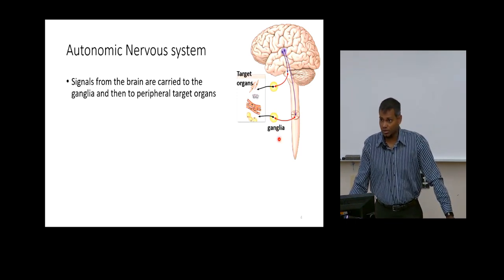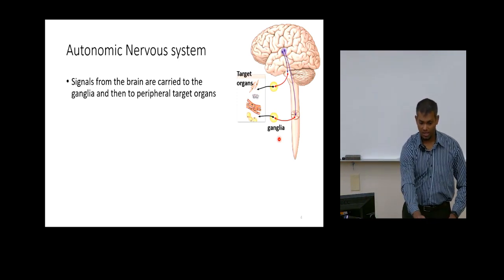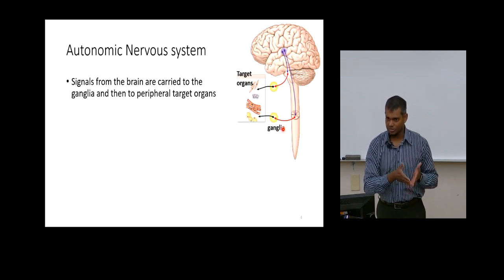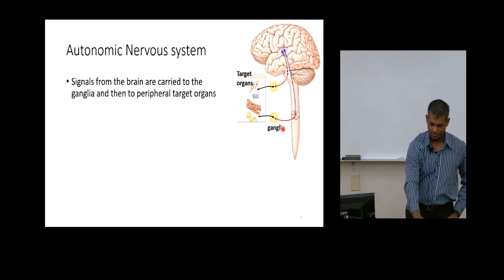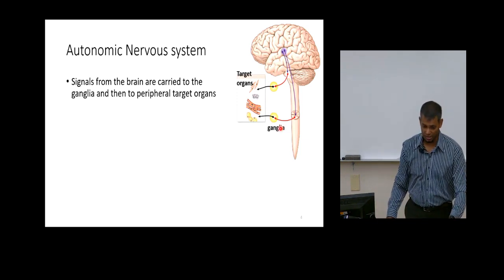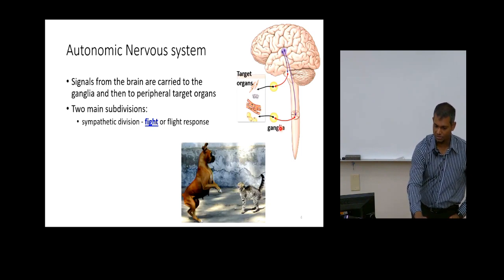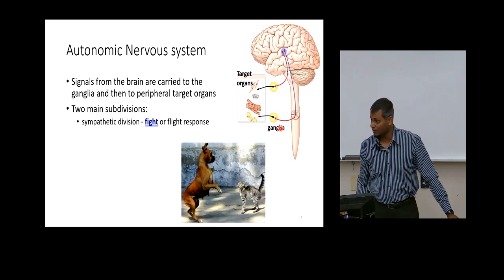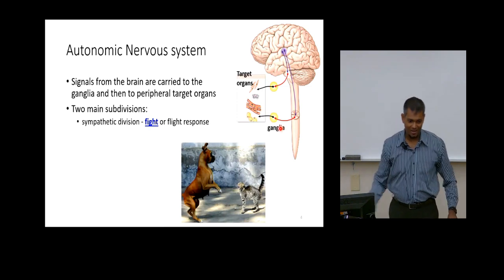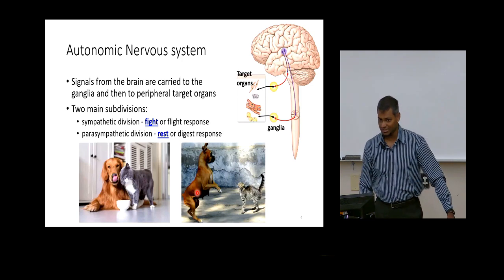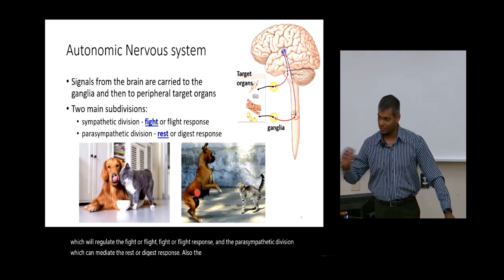I mentioned previously what ganglia refers to: it's just the collection of neuronal cell bodies outside the central nervous system, in the peripheral nervous system. And from there, it goes to various target organs. The two major subdivisions of the autonomic nervous system are the sympathetic division, which regulates the fight or flight response, and the parasympathetic division, which mediates the rest or digest response, also feed and breed, right?